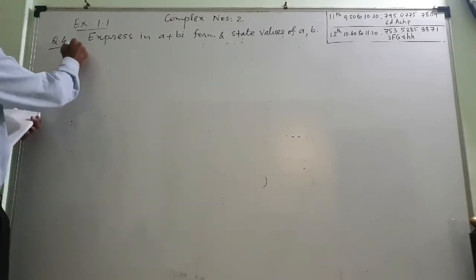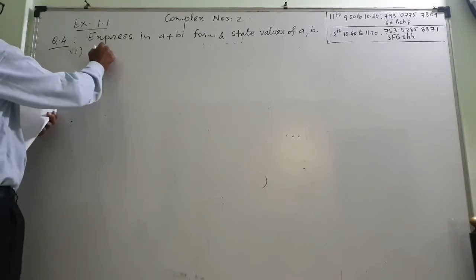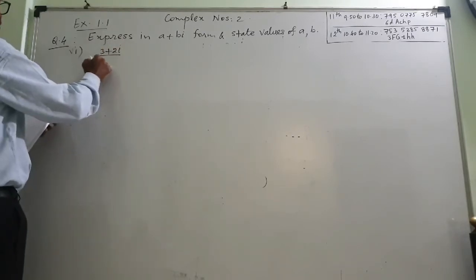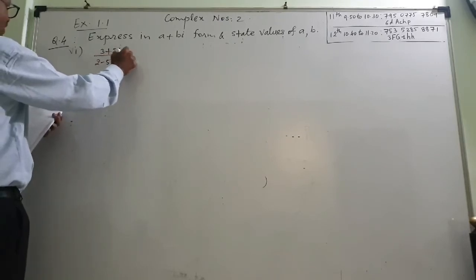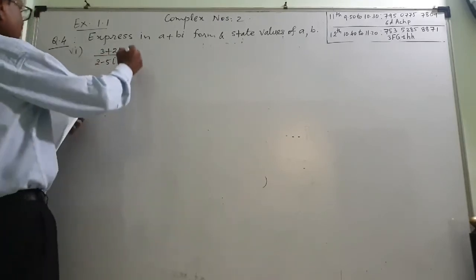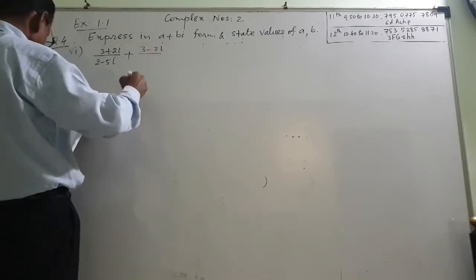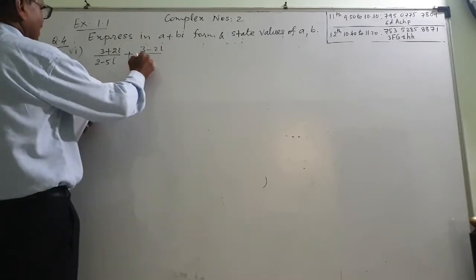Sixth one, not very difficult, but 3 plus 2i upon 2 minus 5i plus 3 minus 2i upon 2 plus 5i.